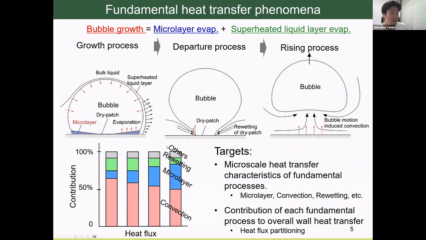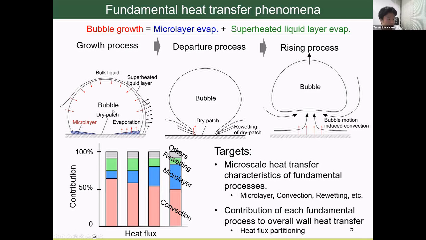First, let me explain the fundamental heat transfer phenomena included in pool boiling. First, there is a thin liquid film called the microlayer. Its thickness is on the order of 1 micron, so its thermal resistance is very small, and it can quickly evaporate under the bubble.